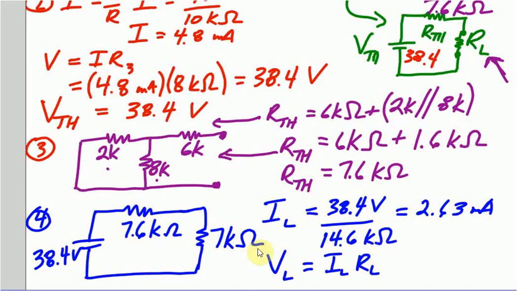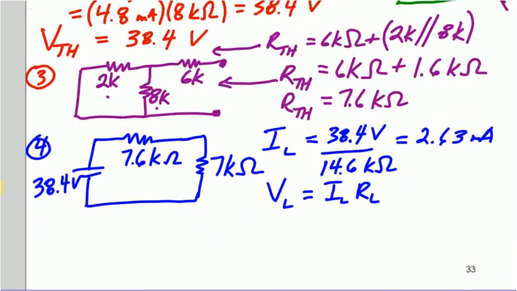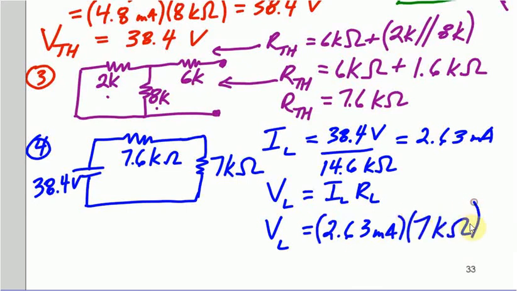So let's make a little more space and put that in here. So you get VL equals 2.63 milliamps times the load resistor, which was 7K ohms. Convert that to amps, convert that to ohms, and then multiply it out.